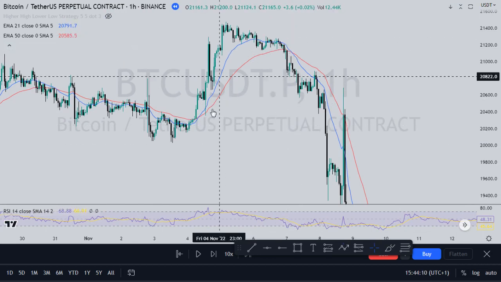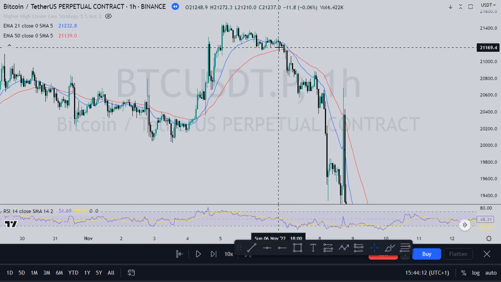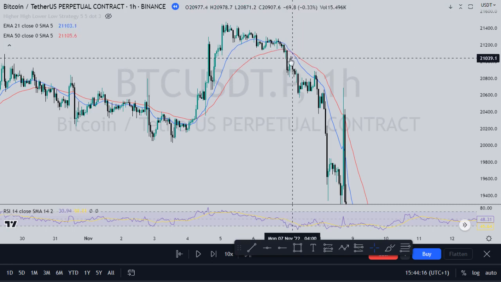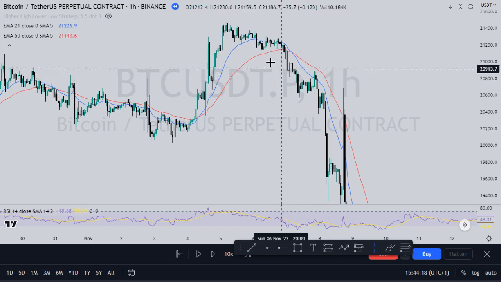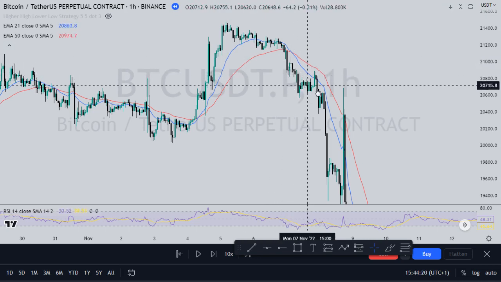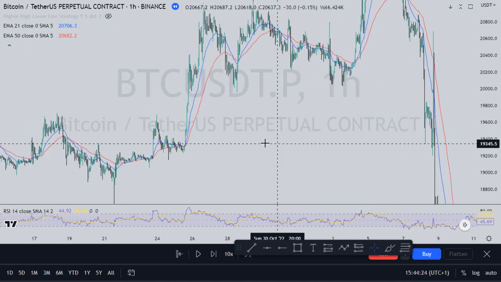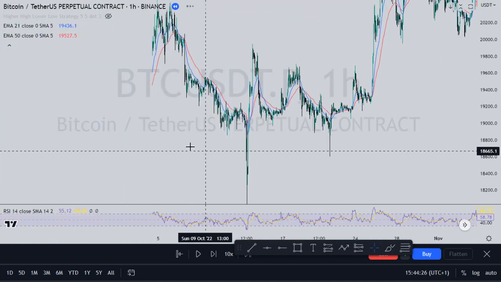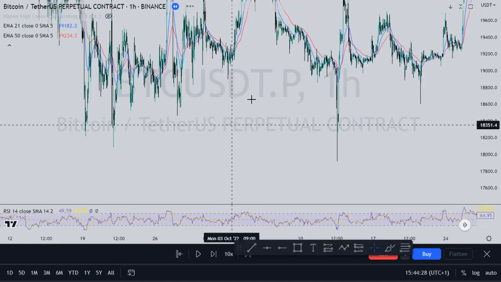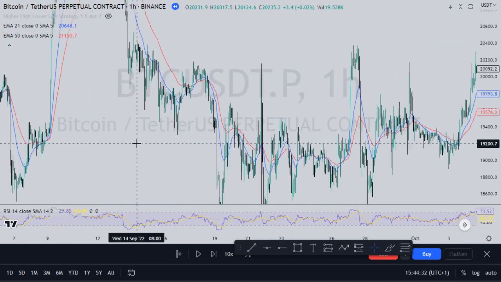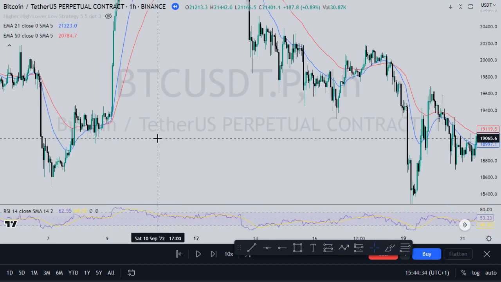Look at what happened here. When the lower time frame moving average, which is the 21 moving average, crossed under the 50 moving average, did you see what price started doing? Price started to go down because sellers have started entering the market. I will look for a clearer one for an uptrend. Look at an uptrend.